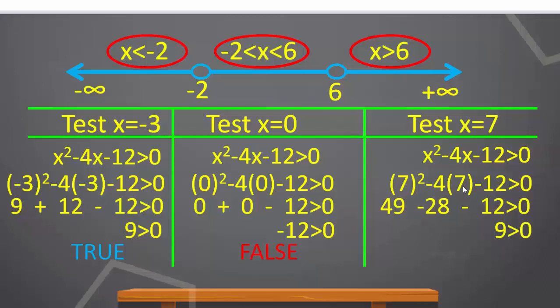Then we have 9 is greater than 0. This indicates a true statement. This implies that all values of x greater than +6 are part of the solutions of the quadratic inequality.